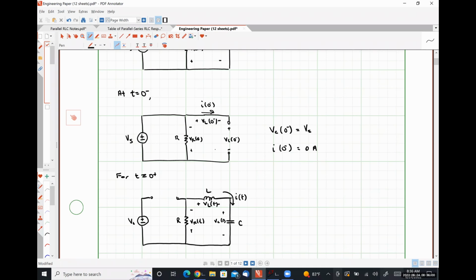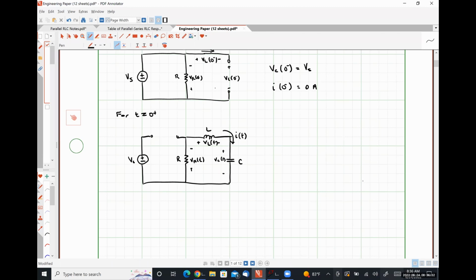And what's going to happen is that our energy stored in our capacitor is going to be distributed to the inductor and resistor, which will in turn cause some inductor current I of t to flow around this loop until the resistor converts all of the stored energy into heat.